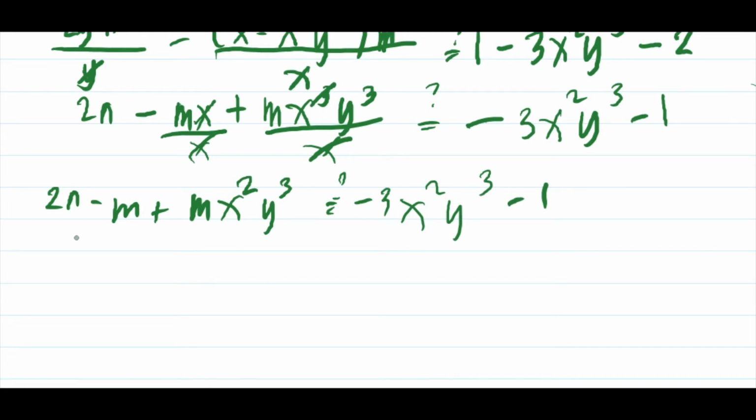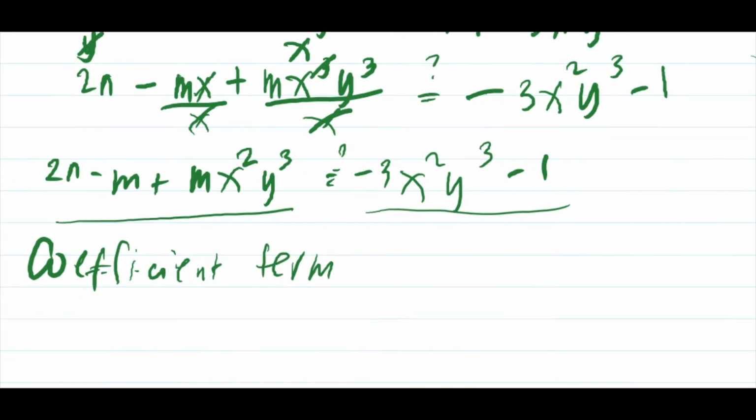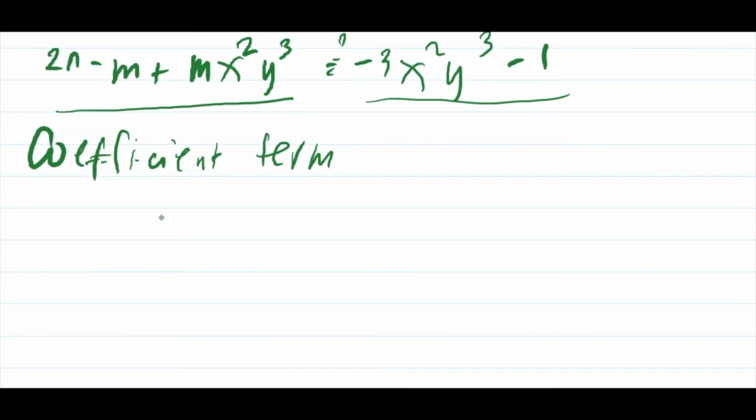We have said that if the terms at the left side of the equation are similar to the right side, this case is possible. So for the coefficient term, m x squared y cubed is equal to negative 3x squared y cubed.